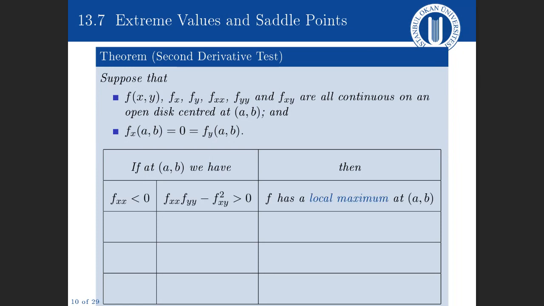Our theorem says if the second partial derivative fxx is negative at the point (a, b), and this number fxx fyy minus fxy squared is positive, then we must have a local maximum at (a, b). If fxx is positive, and this number fxx fyy minus fxy squared is also positive, then we have a local minimum at (a, b).